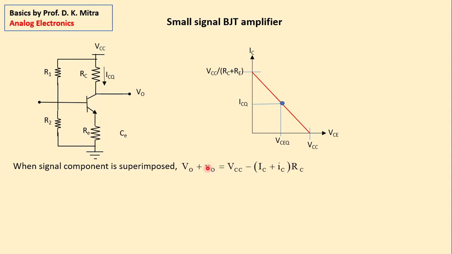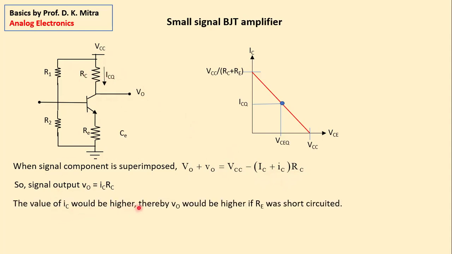It will be equal to VCC minus the DC current IC plus the AC current ic, into RC. So the signal output v is ic RC.